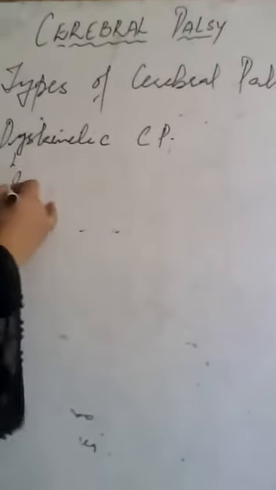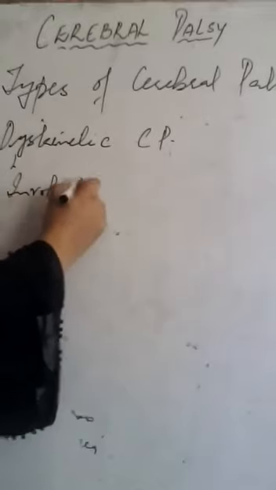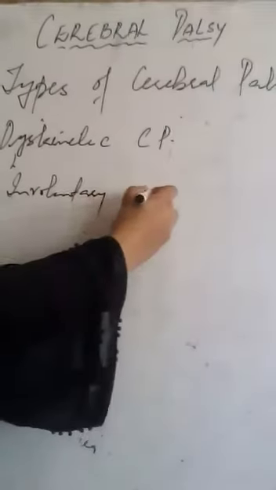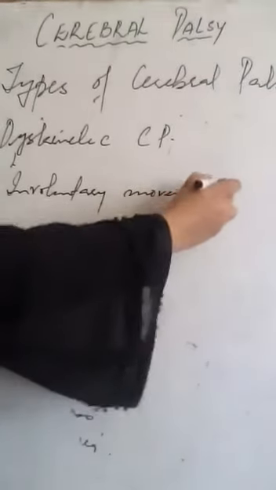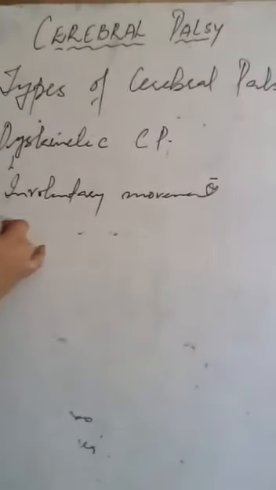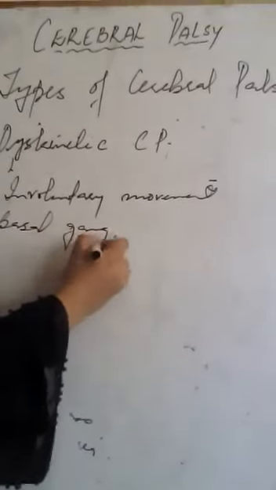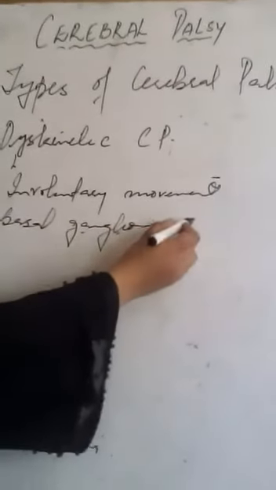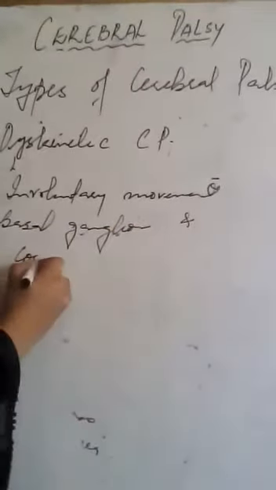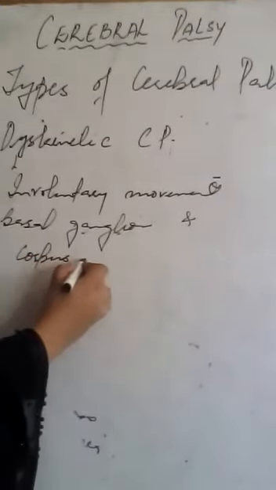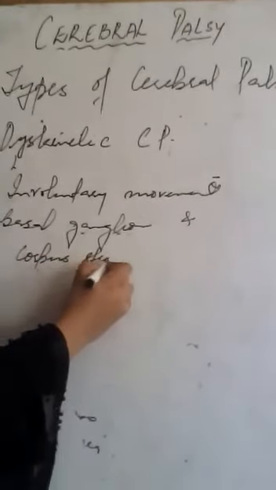Children with dyskinetic cerebral palsy have involuntary movements. They may have involuntary movements originating from basal ganglion and corpus striatum.